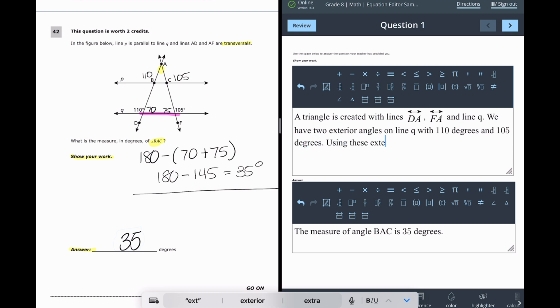Using these exterior angles, we can find two angles in the triangle.